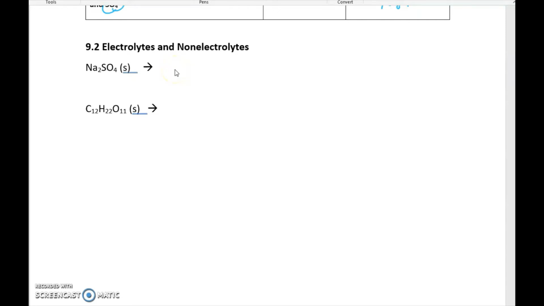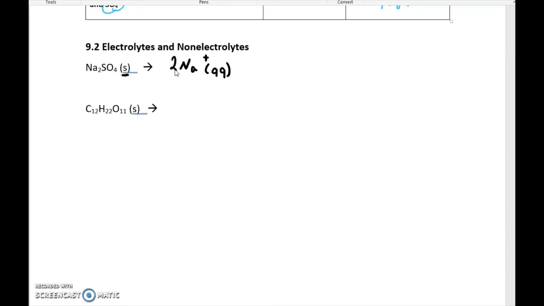This section is about electrolytes and non-electrolytes. When we dissolve substances in water, we get two different responses. This sodium sulfate will dissolve into ions. We'll get 2 sodium ions, and here we've got an S that means solid, and after we dissolve it in water, it's going to be aqueous.